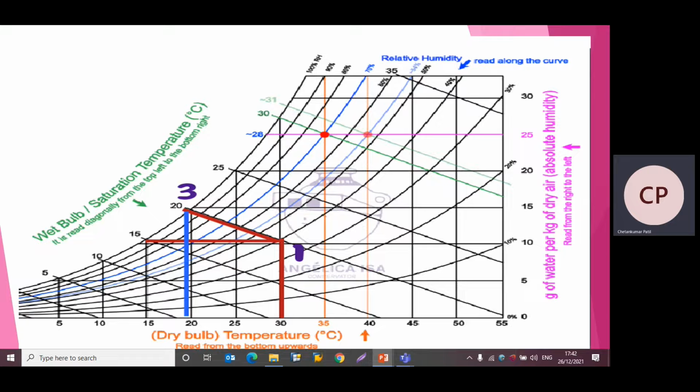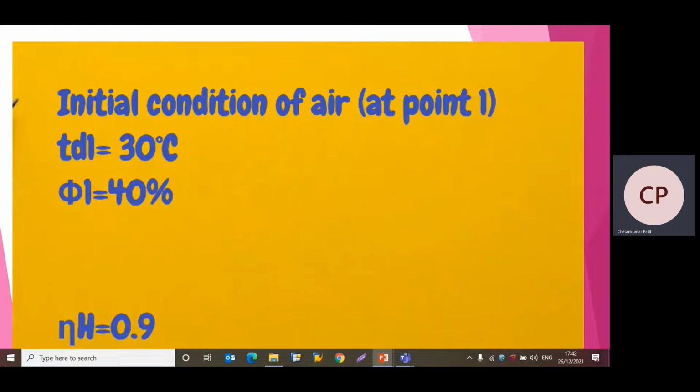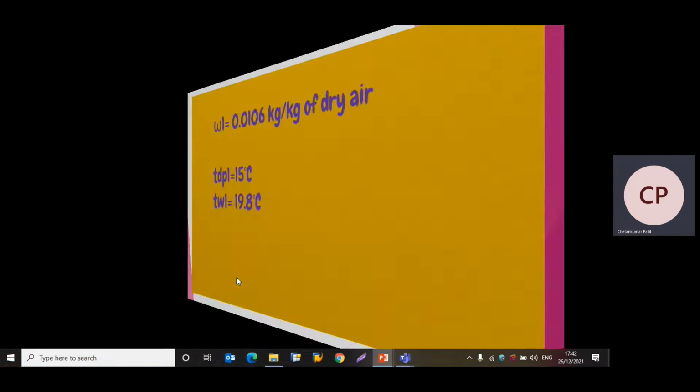Now it is important to find out the dry bulb temperature at this point 2. Here the formula is given, that is, the humidifying efficiency is given. So we will write the given data. The initial condition of air is TD1, and eta H is the given data in the problem.